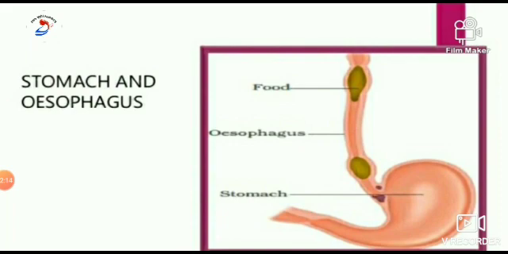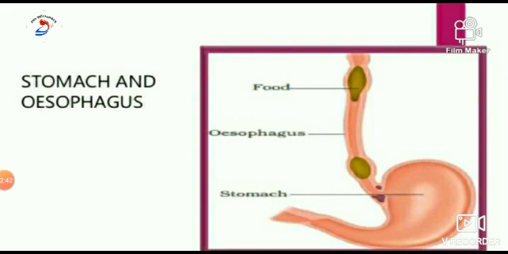Next, let us discuss the structure of the stomach. A stomach is a thick-walled bag. Its shape is like a flattened U or J-shaped bag-like structure. Can you see it in this picture? It's the stomach, and you can see the food pipe or esophagus. Please note down this term, esophagus.